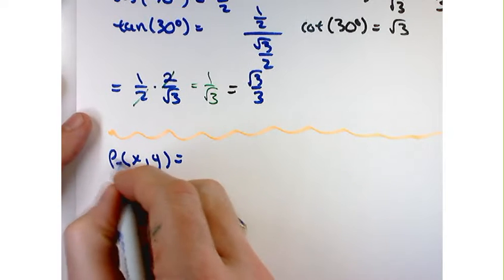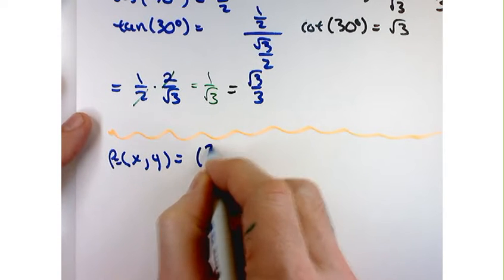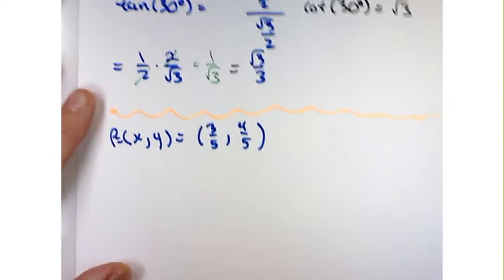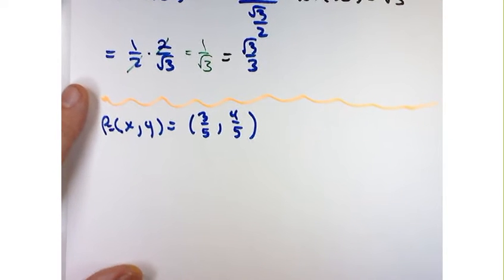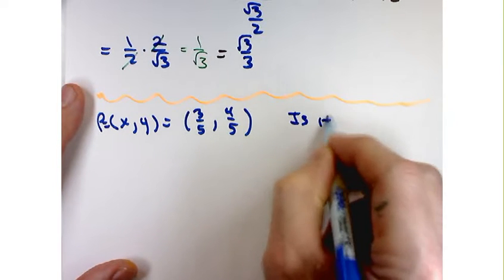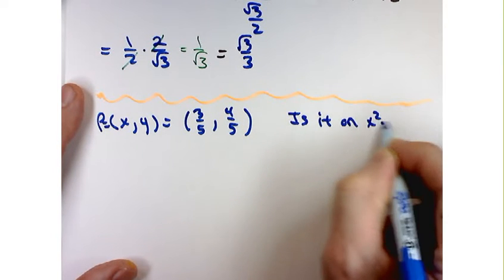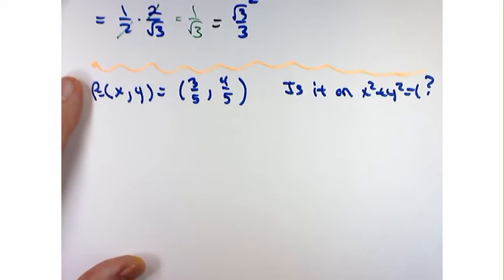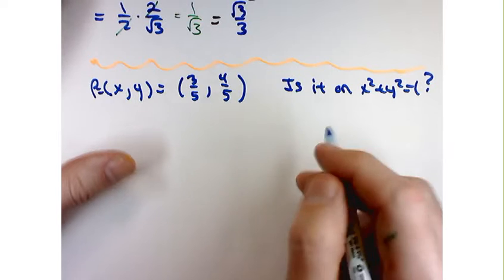So P equals 3/5 and 4/5. Now, how do I even know that that's a point on the unit circle? So, is it on x squared plus y squared equals 1? Well, I hope so, because that's how we define our trigonometric values.